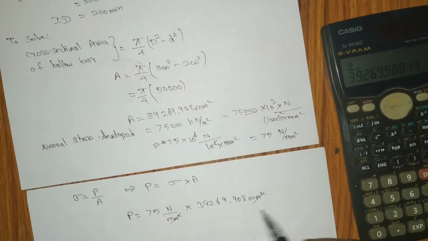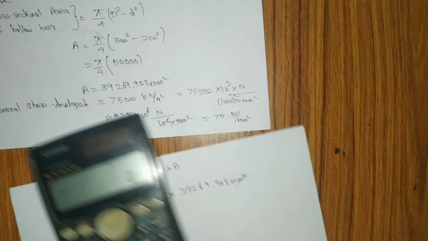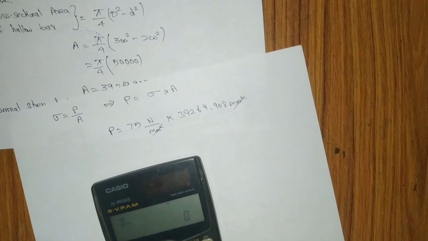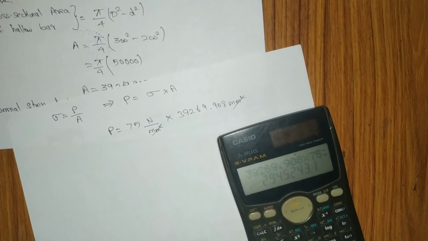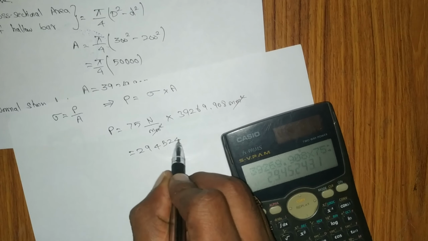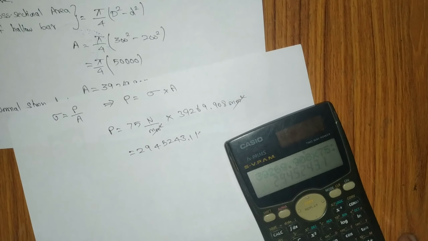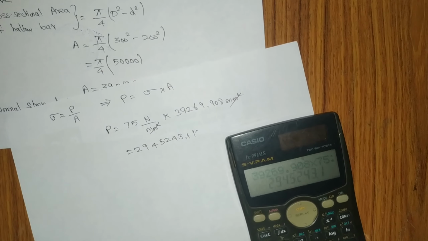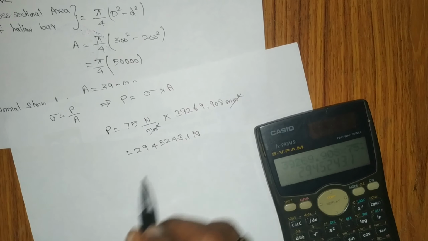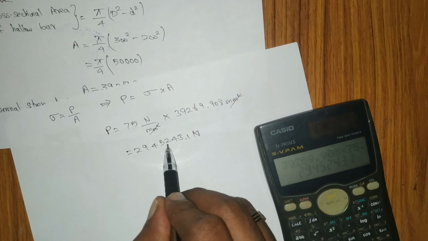The mm square unit will cancel, and we have to multiply 39269.908 into 75. That gives 2945243.1 Newton. We have this in Newton, so we have to change it to kilo Newton.